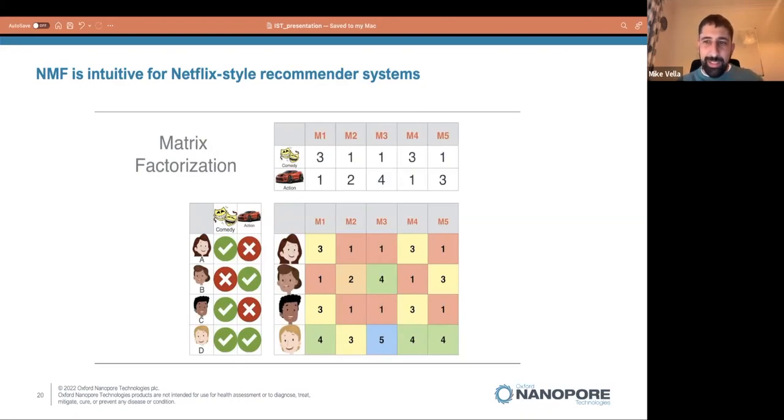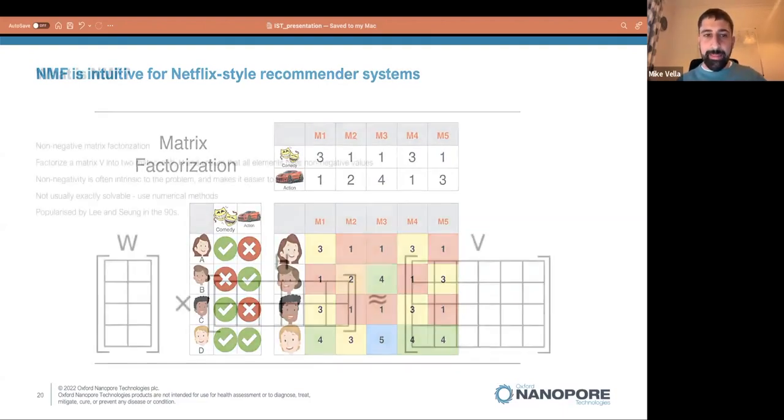And this is kind of a neat concept, right? The idea here is that you can take a huge amount of information and map it to this latent space. In this toy example, the latent space is well understood. It's comedy and action. So it's a 2-dimensional latent space, and whether a person likes that genre or not. But what we can infer from here is that if you have huge amounts of information, by factorizing these matrices, by expressing them as a matrix product, you can map a very large amount of information down to a latent space.